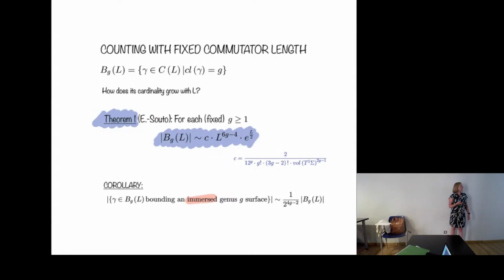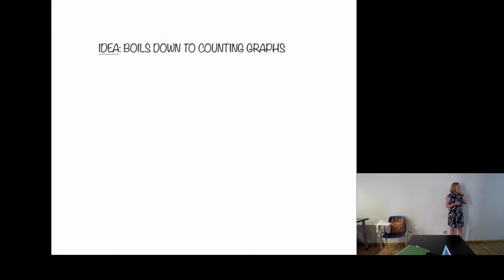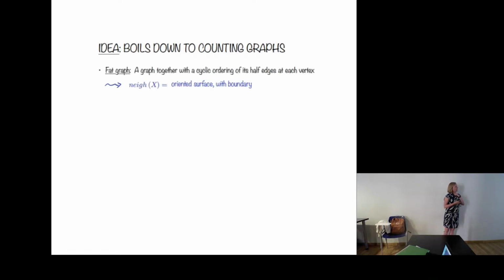Right, so how do we prove this? It boils down to counting certain graphs. Again, it's going to be somewhat related to what Peter told us about. I call them fat graphs, but it's the same as ribbon graphs. Just like Peter said, if I take a thickening or neighborhood of the graph, I get an oriented surface with boundary.